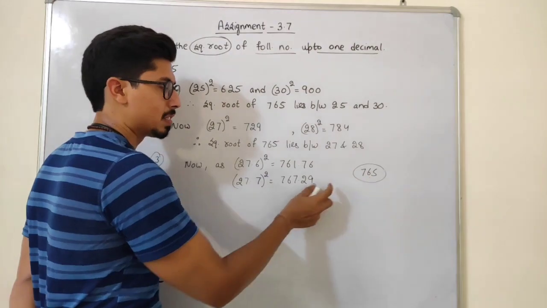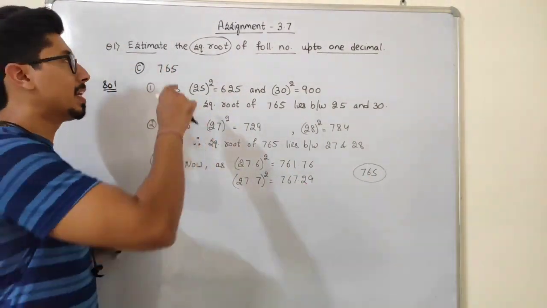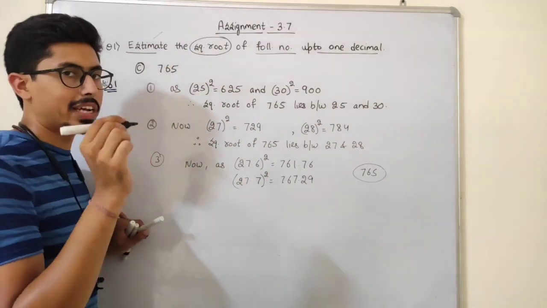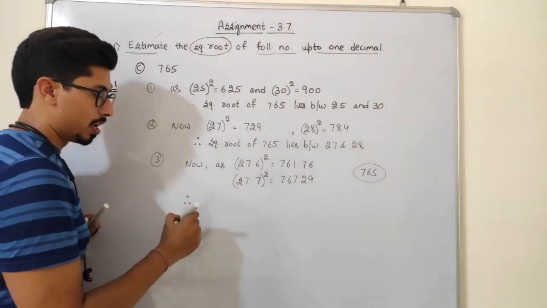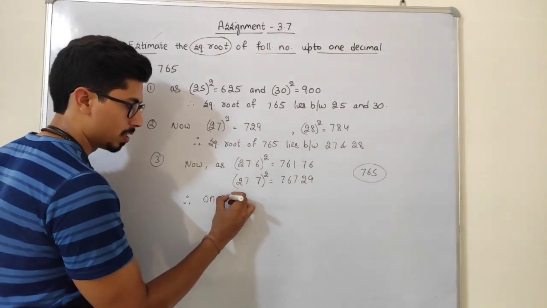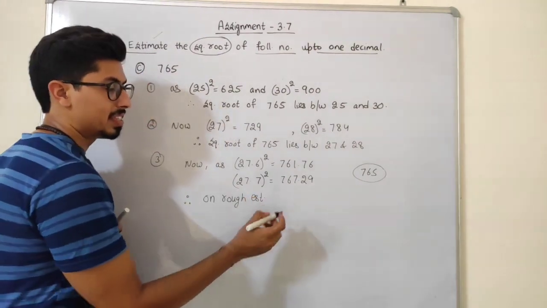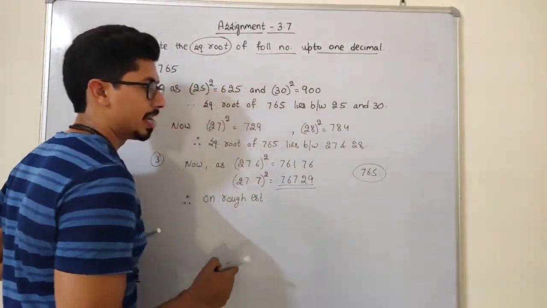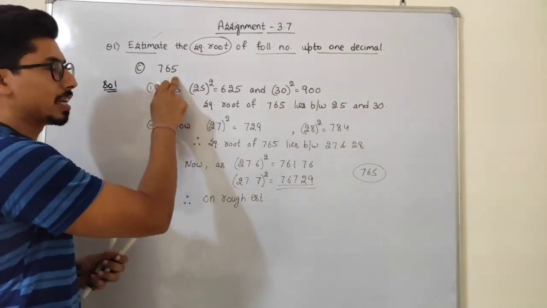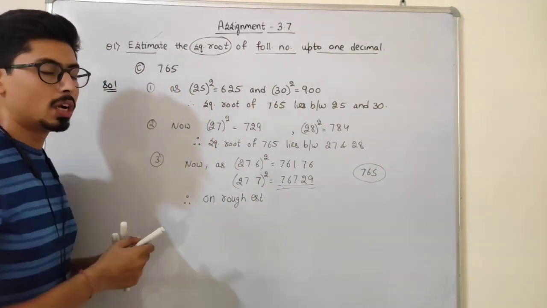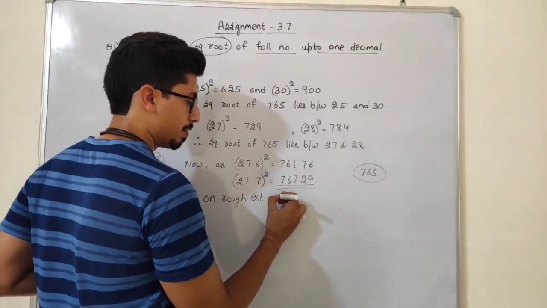As we have to just find out the estimate, so on rough estimation, as this number is more closer to this number, I can say that the square root of 765 is 27.7.